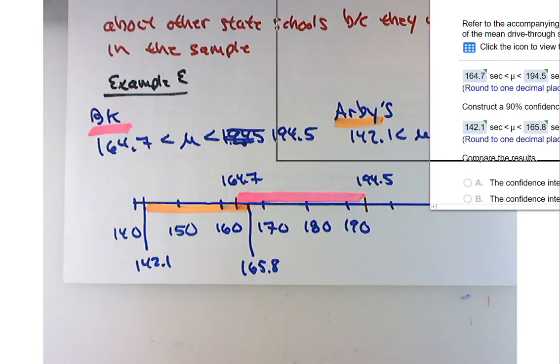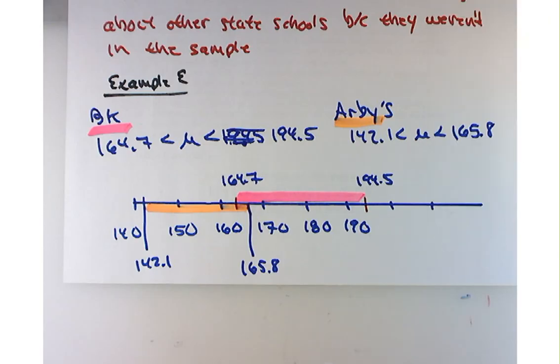So the big question that you're going to be asked here is to compare the results and then make a conclusion. So you've got 3 choices. The confidence intervals for the estimates for the two restaurants do not overlap, so it appears restaurant X has a faster mean service time than restaurant Y, so that would be Arby's is faster than Burger King.